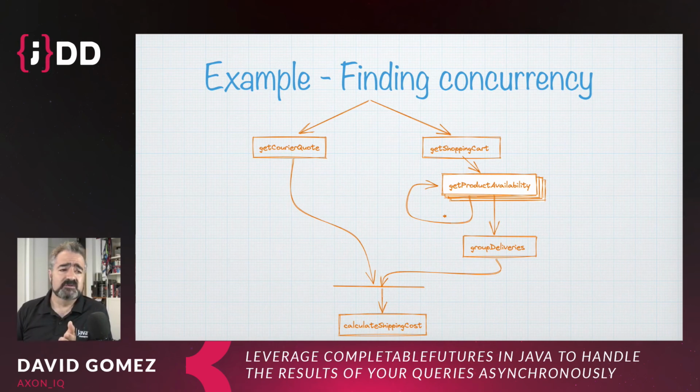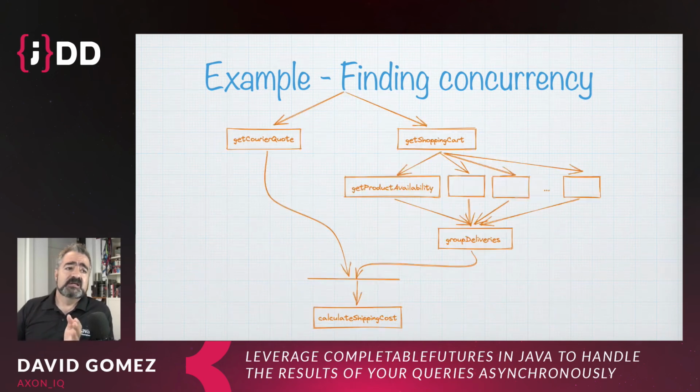But we could even improve a little bit more, because on the right side of our diagram, we could split in parallel and ask the different warehouses about the product availability. And then as they are ready, we could merge them and group them into the deliveries. So that will probably be more performant because we are trying to take the most of the time, and we are trying to send in parallel all the requests to the different warehouses.